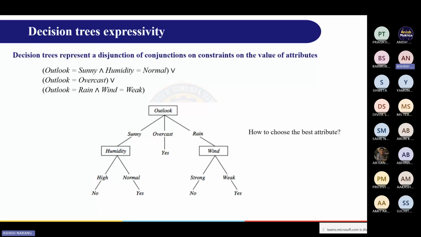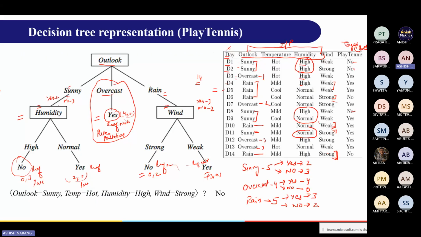It's very easy to interpret how the decision has been made. Once you have a decision tree, you know these were the values I got, and along this particular path of the tree I followed to make a decision. There is explainability also, because the outlook is sunny, humidity is normal, so yes, I'll play tennis.